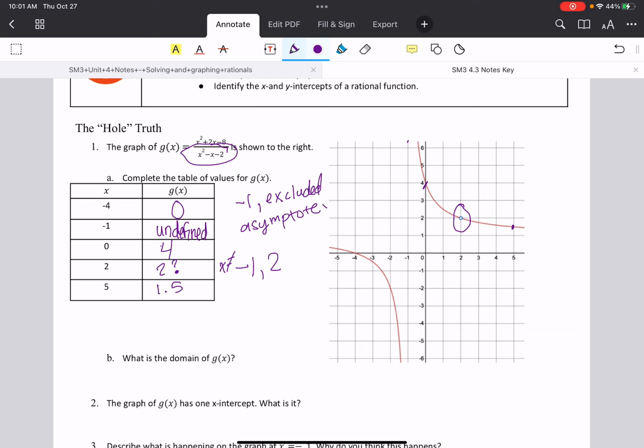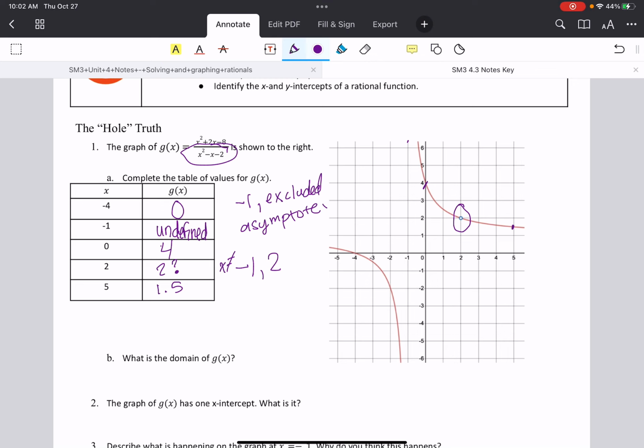But last time we learned that excluded values meant vertical asymptotes, didn't we? Kind of, right? We talked about it 2 ways. We called it a discontinuity, right? In the homework, it was a discontinuity. And then we said we find our vertical asymptotes from the excluded values. Both true.